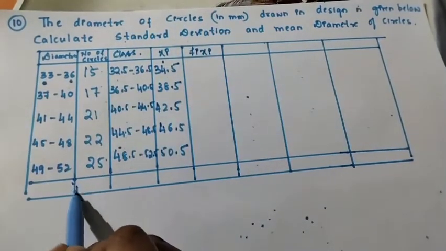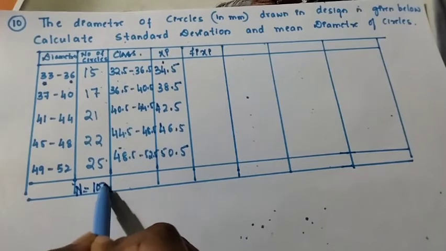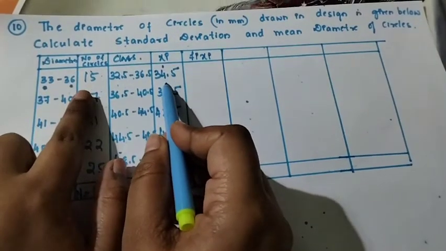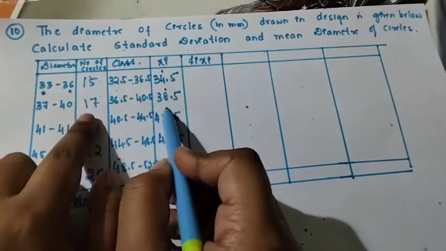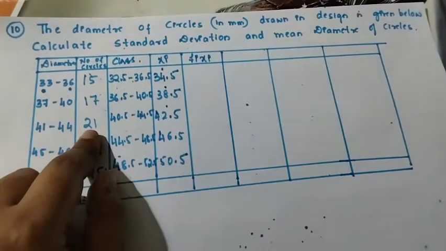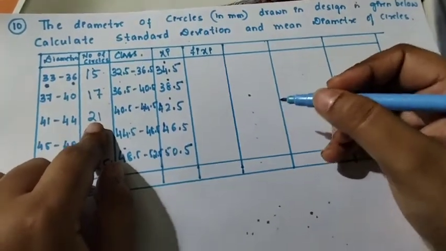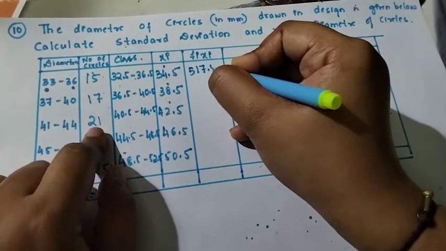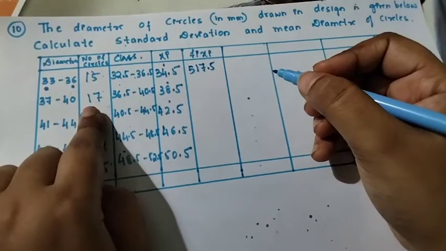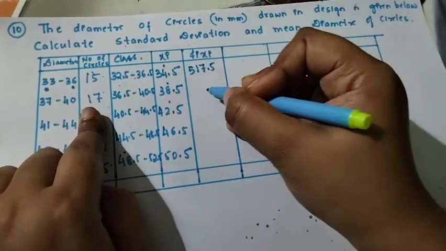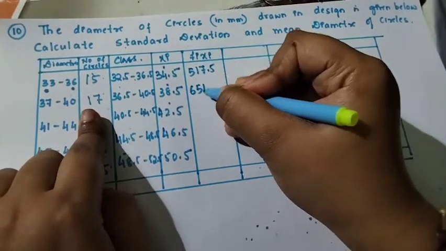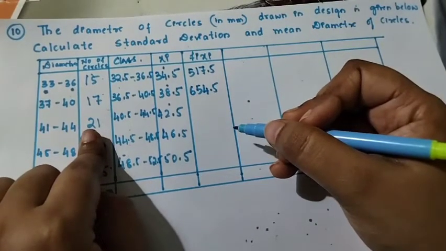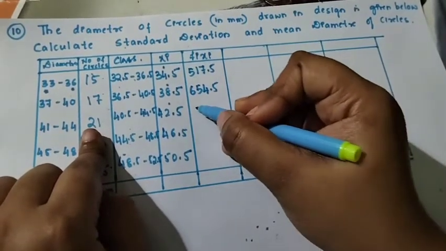Okay, here we have xi and fi, so I multiply fi into xi. The n value is 100. Multiply these two columns: 15 into 34.5 gives 517.5. Next, 38.5 into 17 gives 654.5. 21 into 42.5 is 892.5.